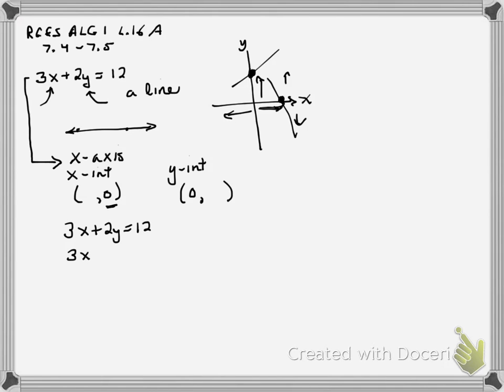I'd say 3x plus 2 times 0 equals 12. 0 times anything is 0. So 3x equals 12, divide by 3, and x equals 4. It crosses the x-axis at 4.